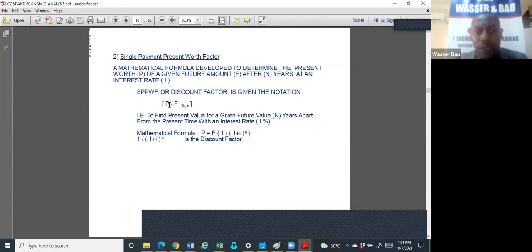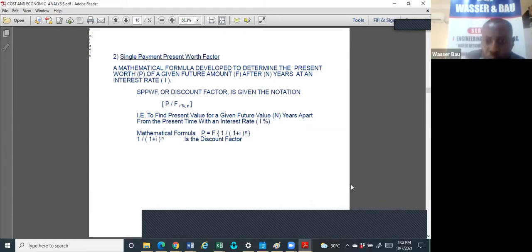Then if I'm using the interest table, I'm looking for P, the present value, given the future value, F. That's what this symbol means: I'm looking for the present and I am given the future.